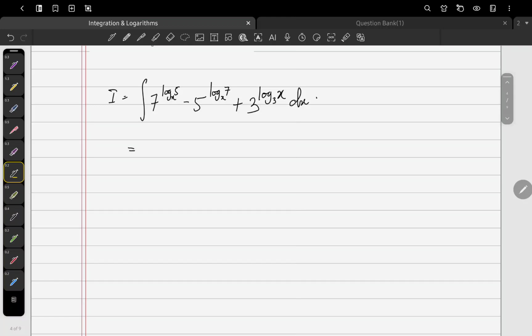So it means I can write this as 7 to the power of log 5 base x minus 7 to the power of log 5 base x. But again, we've seen that this is just equal to x dx.